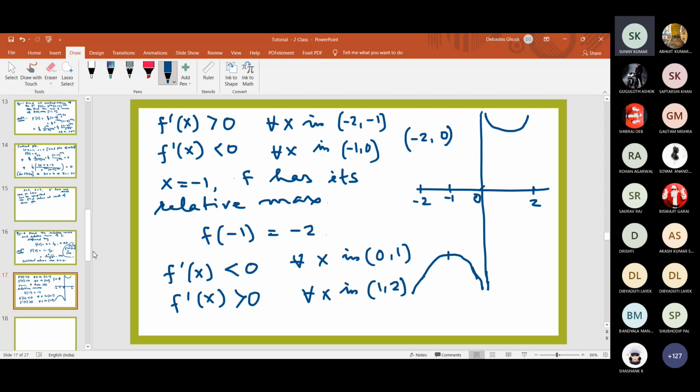So therefore we can say that the function has its relative minimum. So f has its relative minimum at x equals 1, and the value is f of 1 equals 2.